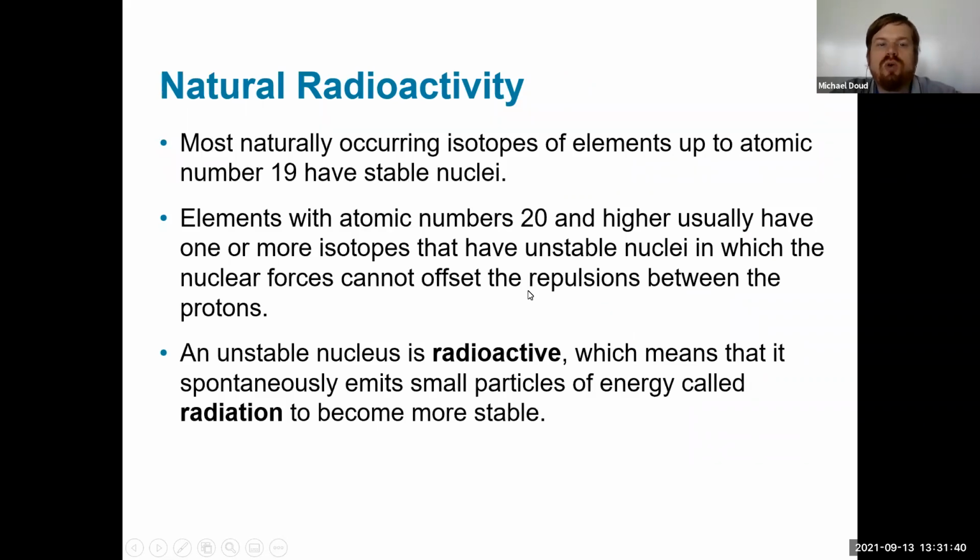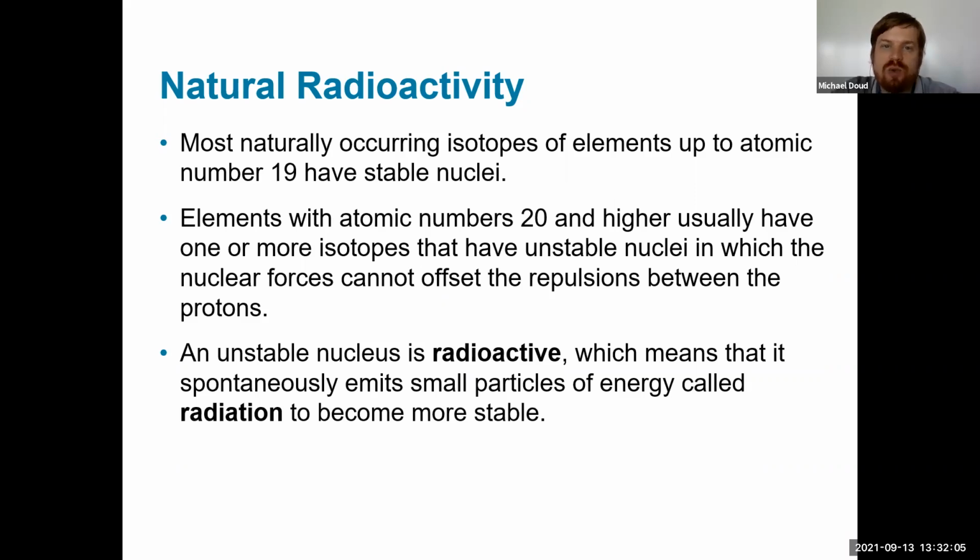Most naturally occurring isotopes of elements up to Z equals 19 are stable. So they have stable nuclei. You don't see many that are radioactive at that level. But elements that have atomic numbers 20 and up usually have one or more radioactive isotopes.